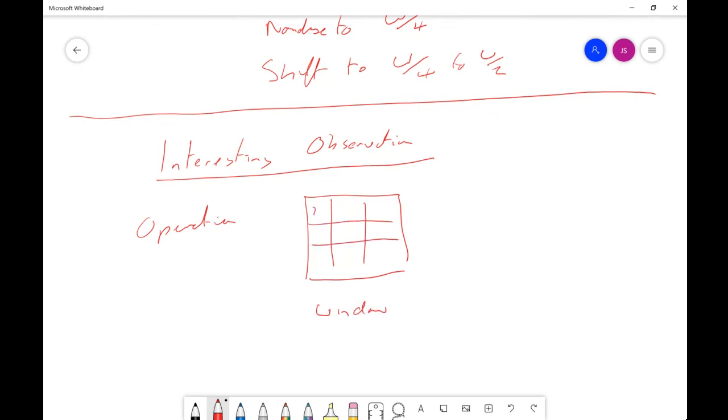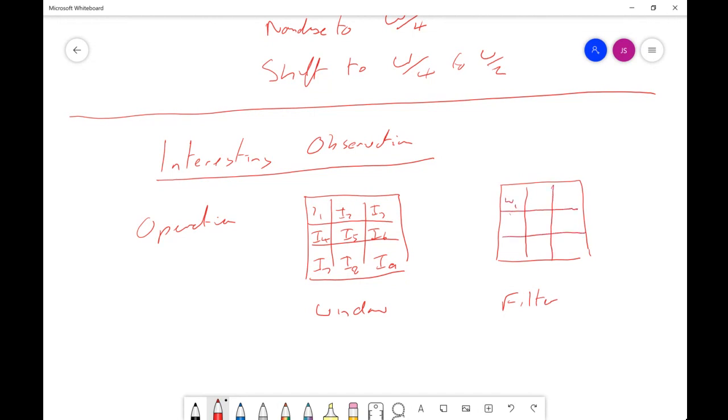And let's call these pixel values I1, I2, I3, I4, I5, I6, I7, I8, and I9. And let's have another window for the filter operator. And they have constant values.